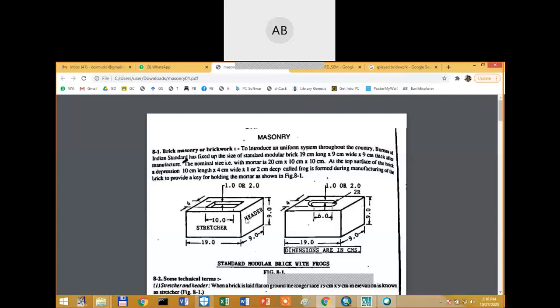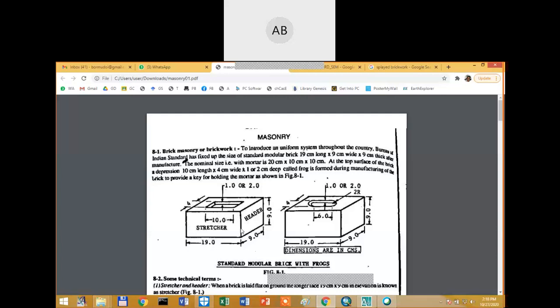We all have seen the brick, but probably we have never cared to know about the dimension. You cannot prepare a brick according to your own wish. It has to stick to this particular dimension. The length should be 19 centimeter from edge to edge, from here up to here.